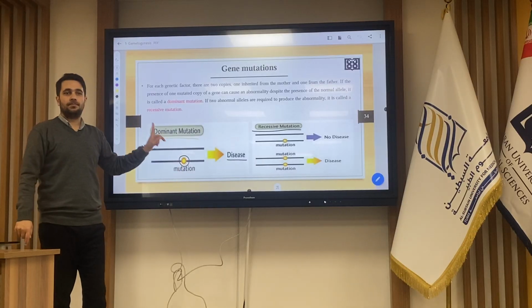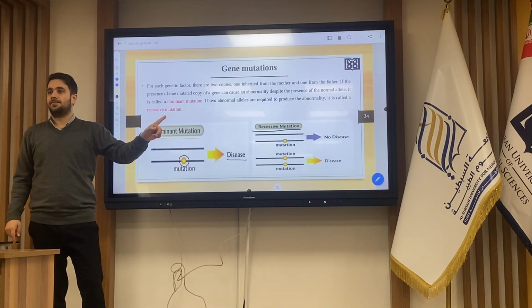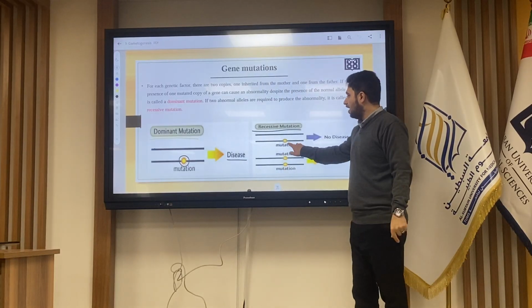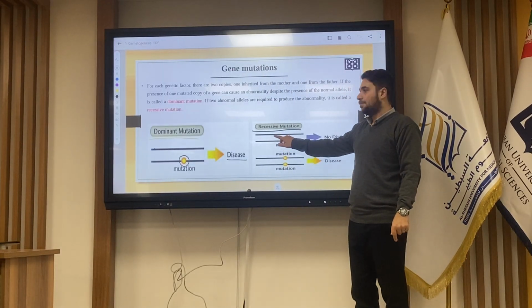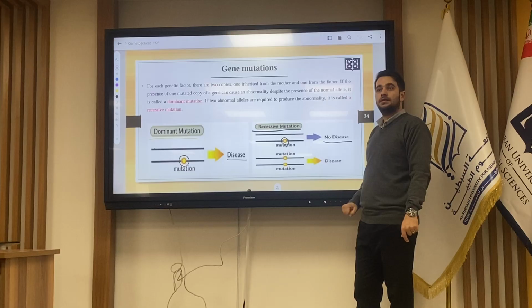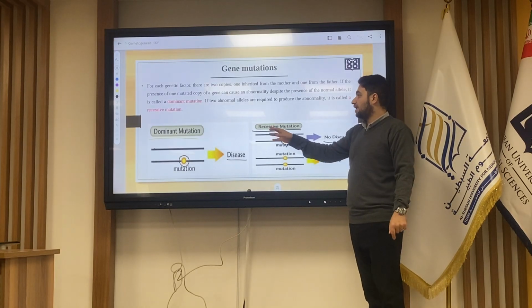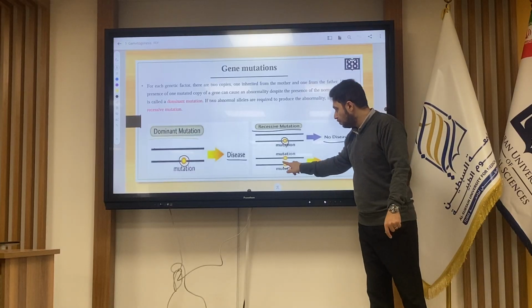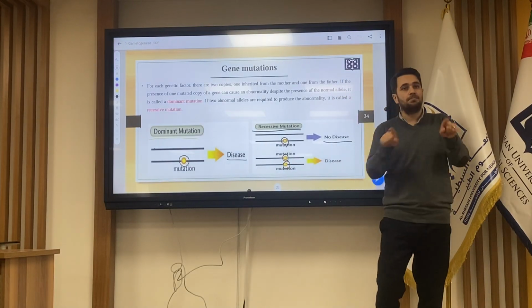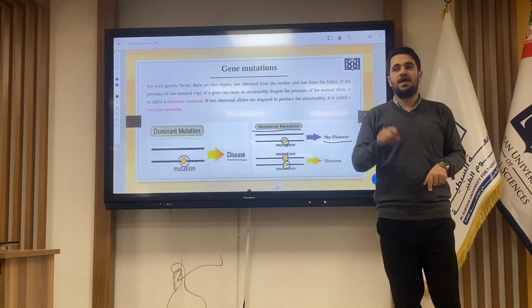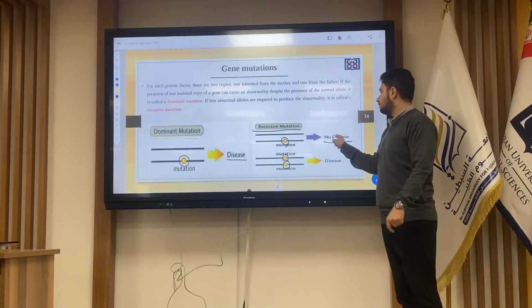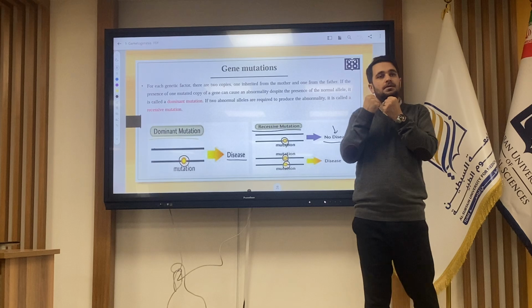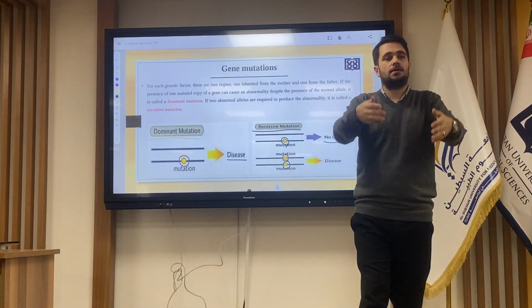Just one of them, making disease. But in the recessive, look at here, we have one in one part, but it doesn't lead to disease. When we have the recessive mutation in the genes, we need mutation in both of them. If we have just one, it doesn't lead to disease.